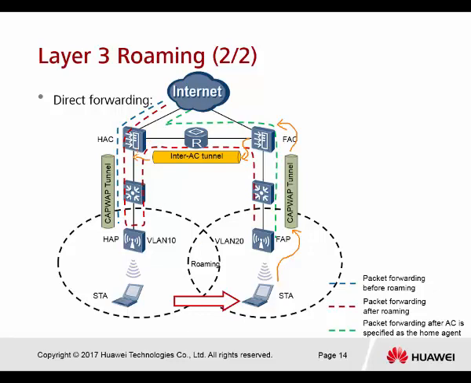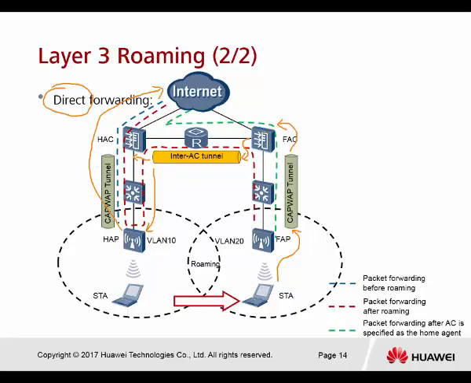Then after coming back, because my forwarding is direct, all the user data must be managed by the AP and not the controller. This is the reason why when the packet comes out from the inter-AC tunnel, it goes straight down to the AP, and then the AP will redirect the user packet to the internet.